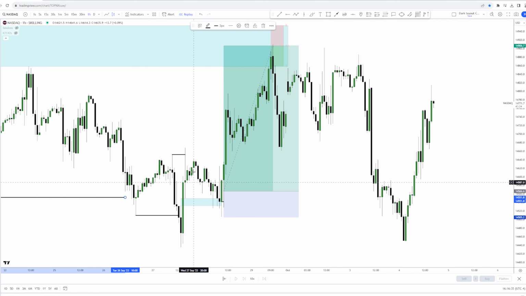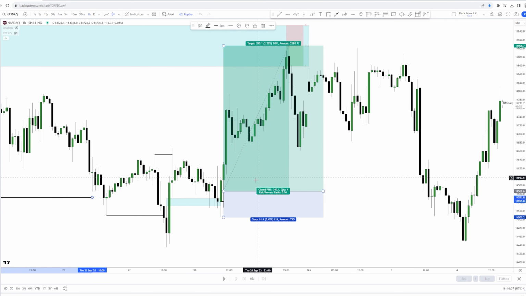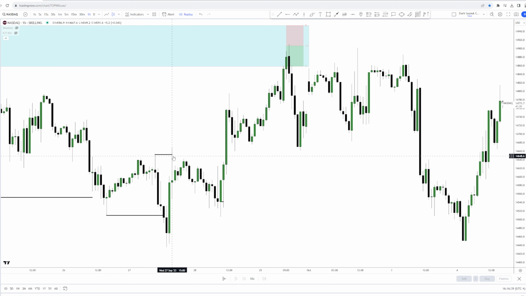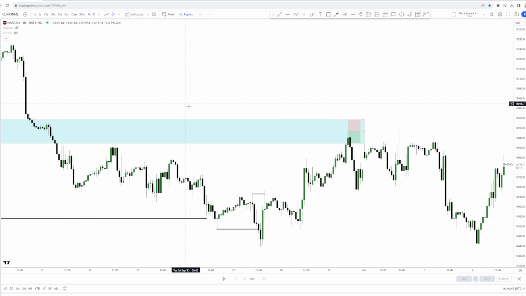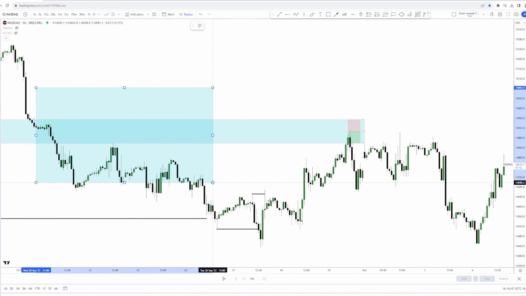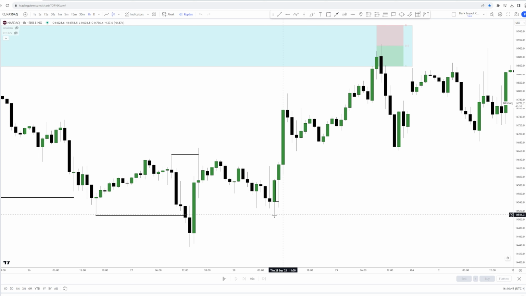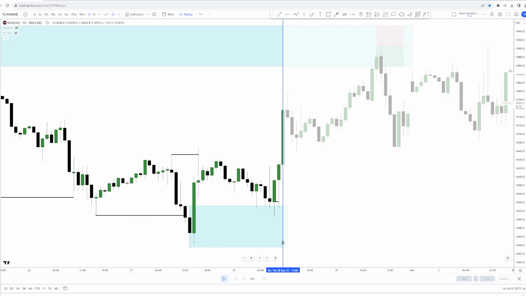When we saw an additional grab of liquidity with the creation of an FVG and a change of character which closed back in the range of the monthly FVG, if you recall, we had a huge monthly fair value gap, we waited for price to come back into either this order block area or the small FVG that you see here on the hourly.